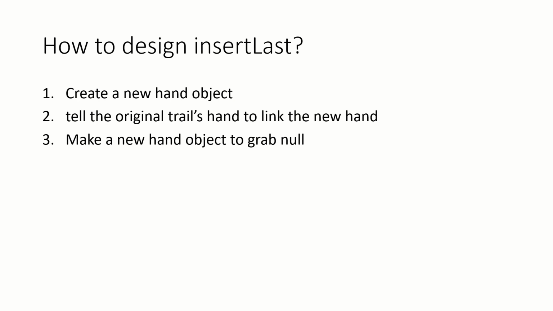Try to design your own way, okay, to be the insert last method. As we said, okay, you need to create a new hand. And this new hand, okay, should be the next hand for the original tail, right? But here is one more thing.